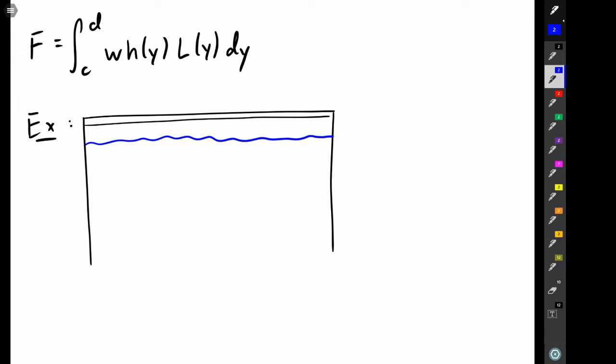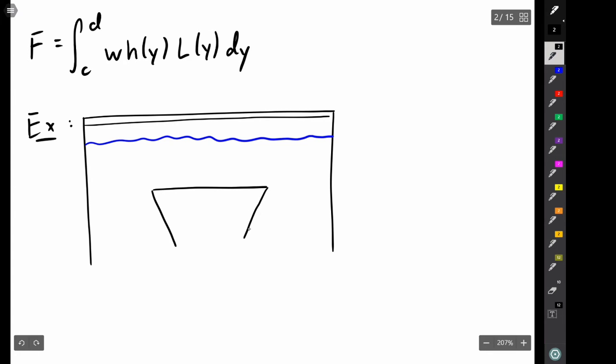And then in this dam, we have a door that's in the shape of a trapezoid, like this. Let's mark some dimensions on this.